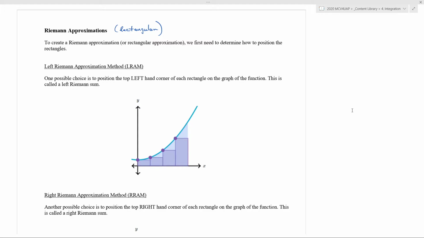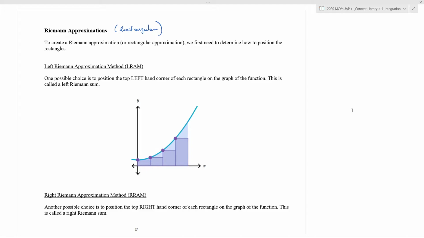But before we can begin, you have to determine how to position the rectangles in that area. So there are 3 ways that we can position the rectangles, and each one of those ways is a different way of approximating the area.